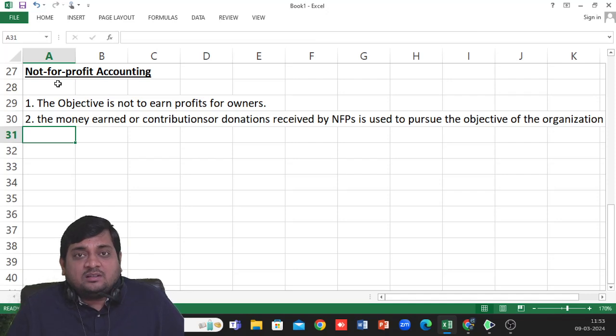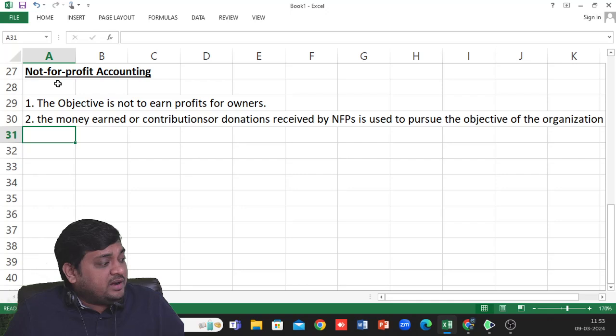Whatever money we have earned, now how can we earn money, right?